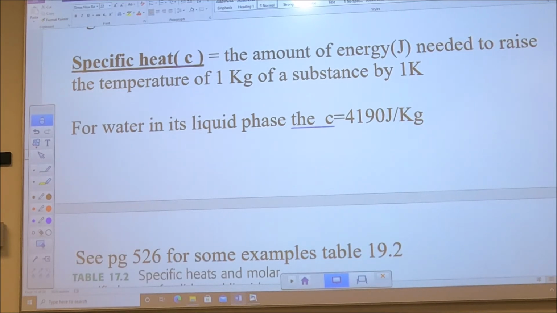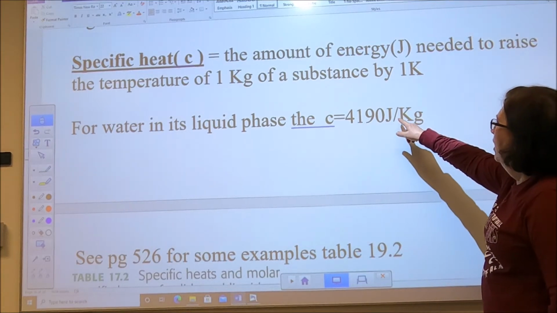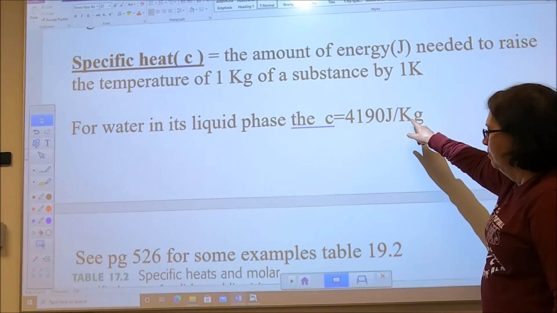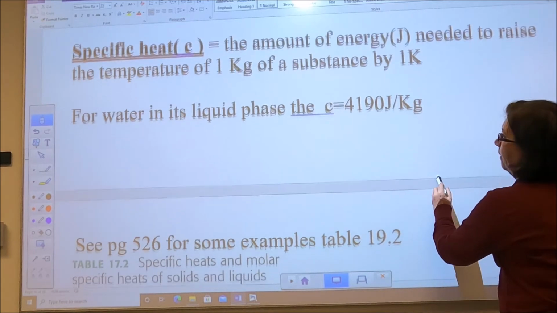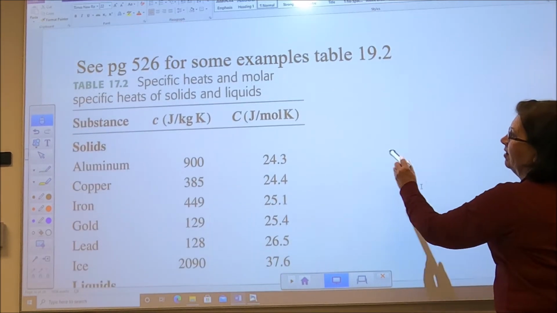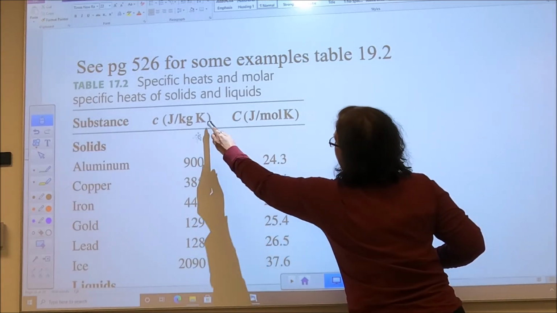Sometimes you also see it as the energy needed to raise the temperature of 1 gram of a substance by 1 degree C. Okay? And I should have a degree K here. Now, here's some specific heats, joules per kilogram Kelvin.